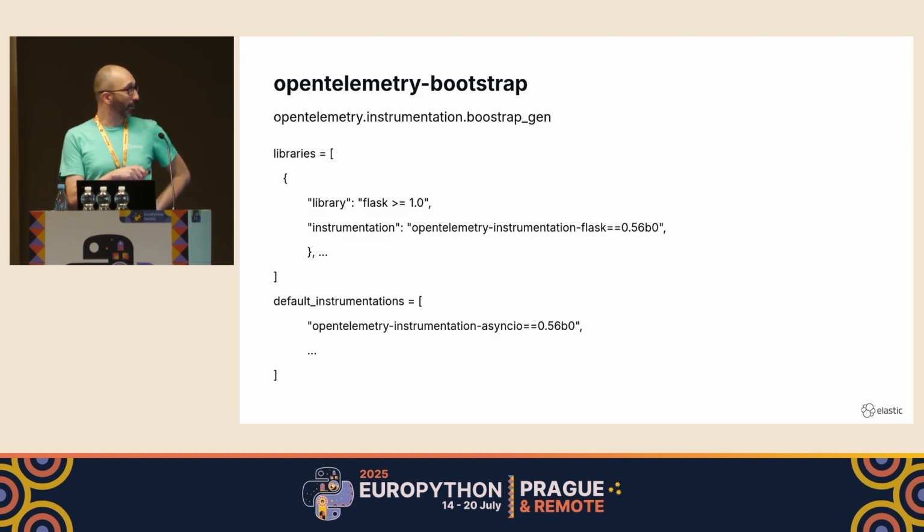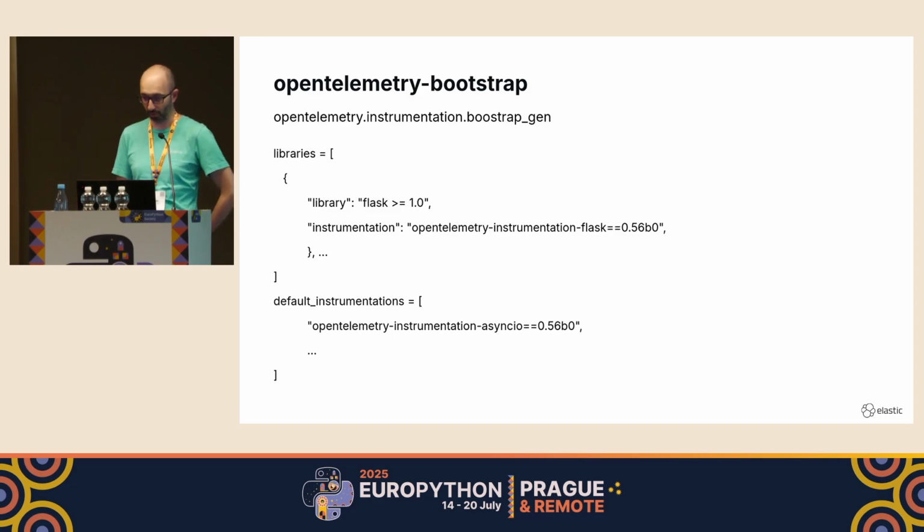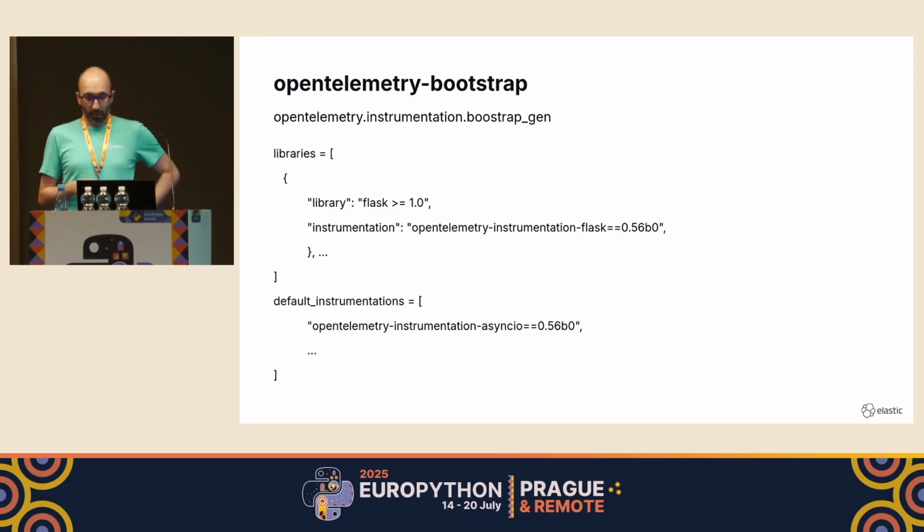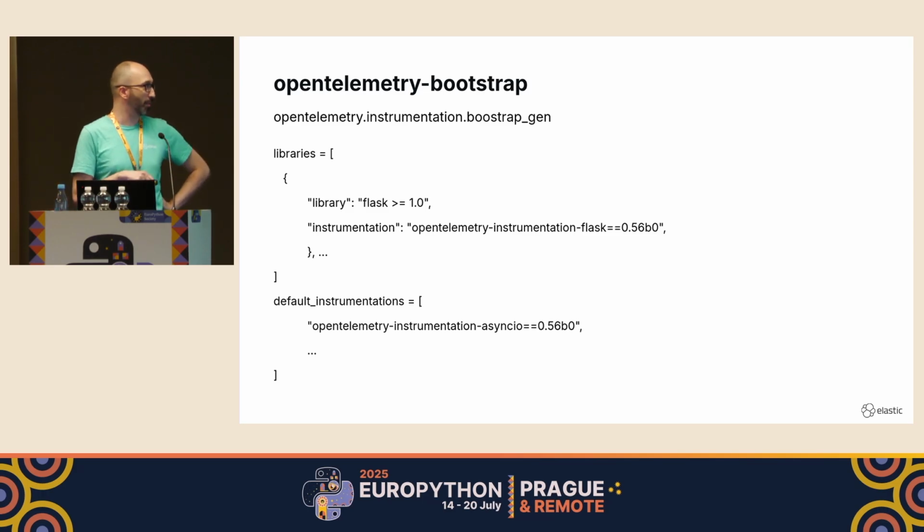This file, this list of matching libraries, looks like this. Again, it's just a map between what we can instrument, a library, and the instrumentation package that provides that instrumentation. This is just an example; there are a lot more entries in this list.